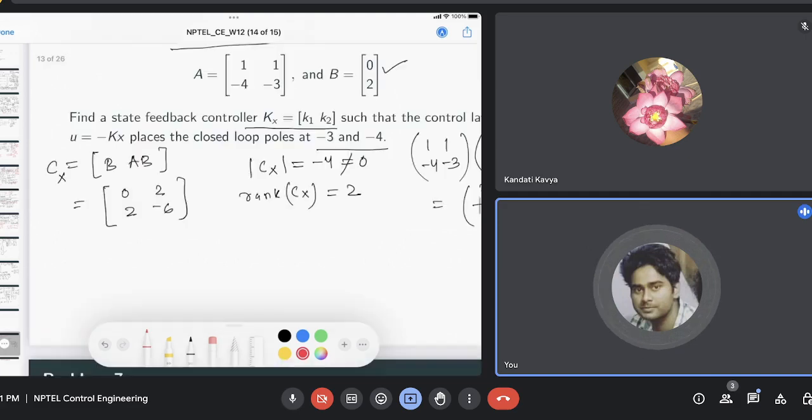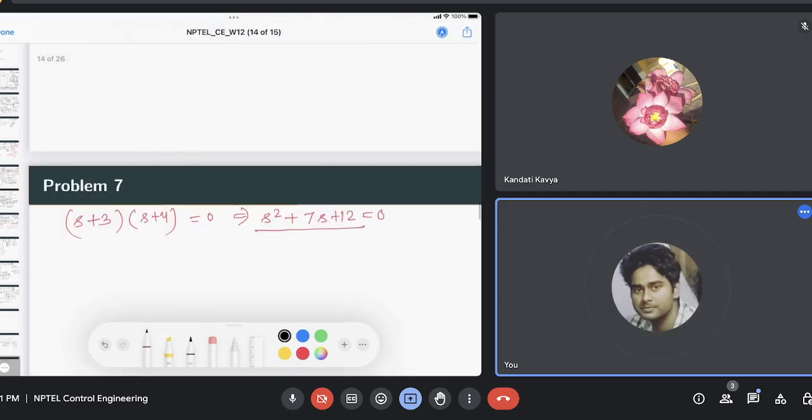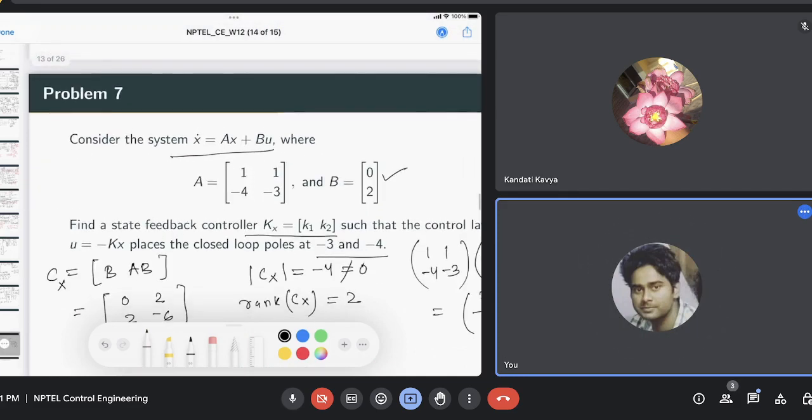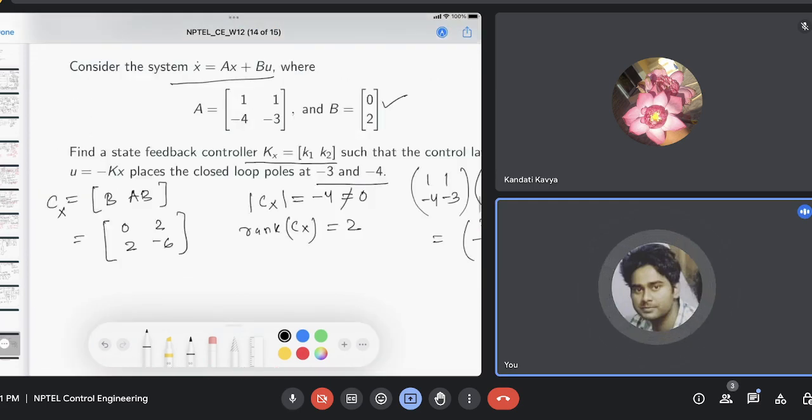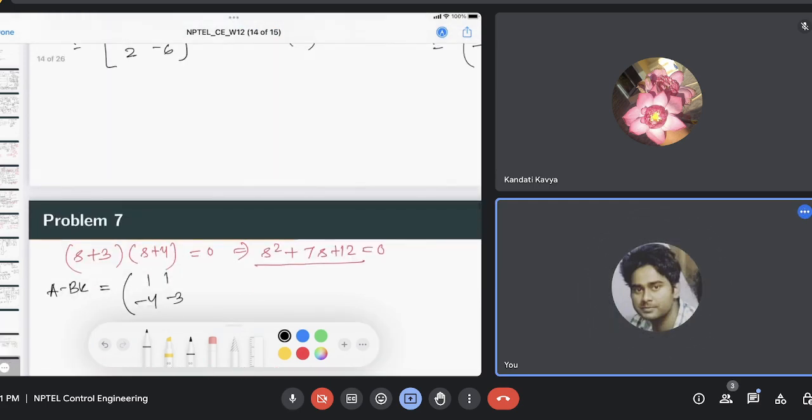For the direct approach, we compute A minus BK. What is this? A is given as [1 1; -4 -3], minus B K, where B is [0; 2] and K is [k1 k2].